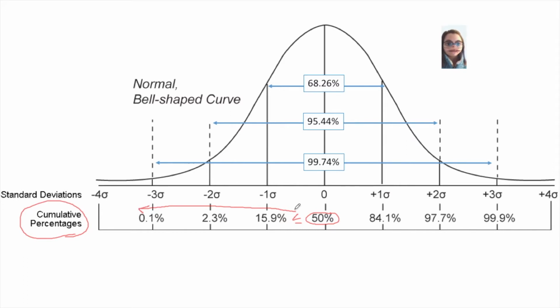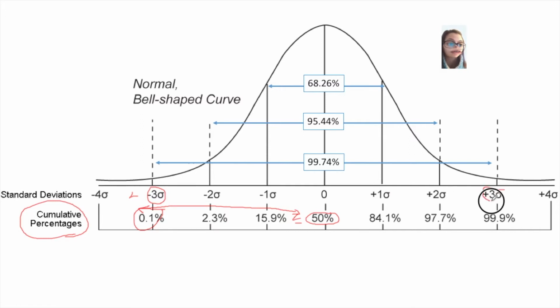So along the bottom here, under the standard deviations in the distribution, you can also see that we would expect less than 0.1% of the population to exist beyond 3 standard deviations from the mean. That's true when you look at 3 standard deviations below the mean.